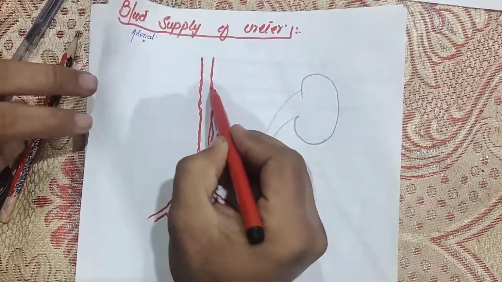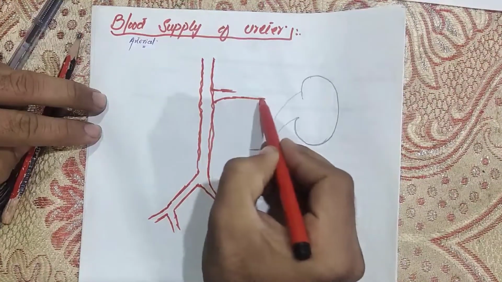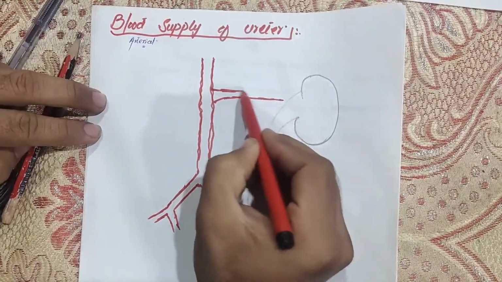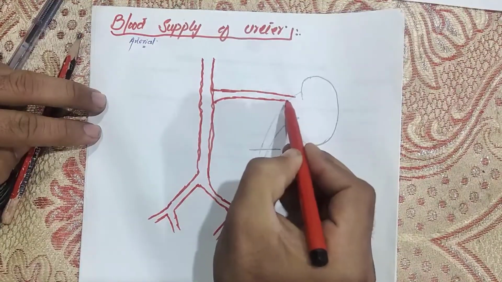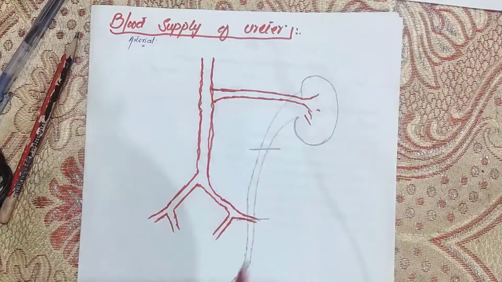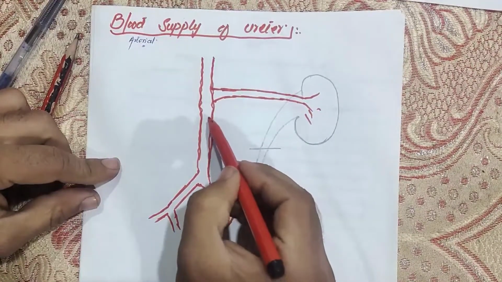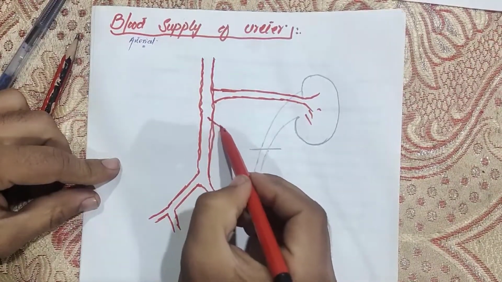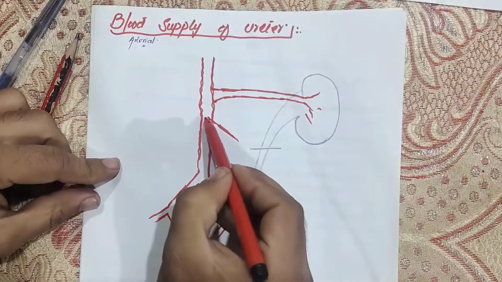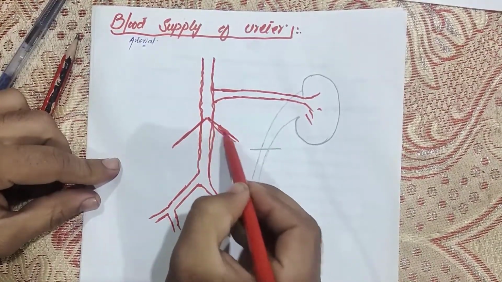Now from the abdominal aorta there is an artery which bifurcates and goes towards your kidney, and this artery is called the renal artery. Then below that there is an artery which bifurcates from both sides of the abdominal aorta, and these are called the gonadal arteries, ovarian and testicular arteries.